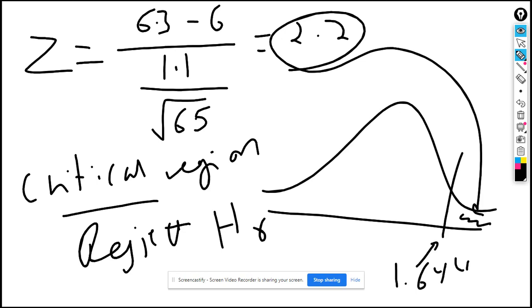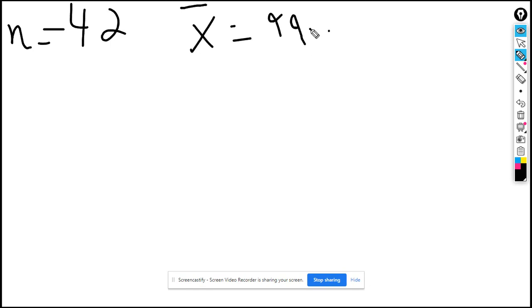Now I'm going to do a two-tailed example to see how it works. I'm going to read the question. Giroud wants to determine if the advertisement is accurate using a sample of 42 pizzas. So n is 42 pizzas. Giroud calculated the mean, so x bar is 99.8 pieces, and the standard deviation is 0.8, and the alpha region is 5%.